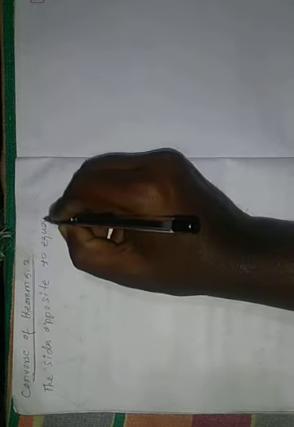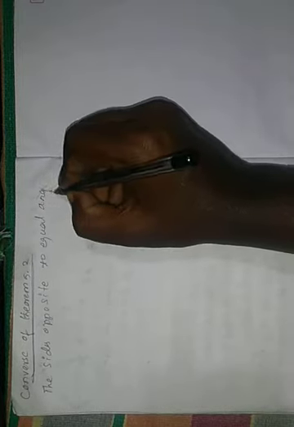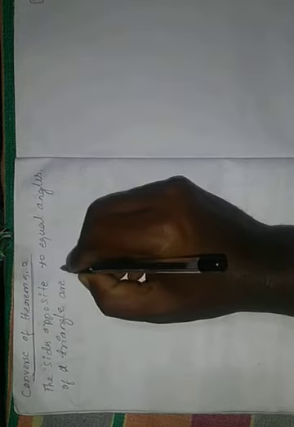Dear children, the converse of theorem 5.2 is also true. Let us see the statement of the converse of theorem 5.2. The sides opposite to equal angles of a triangle are equal.